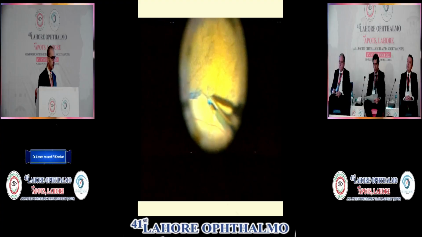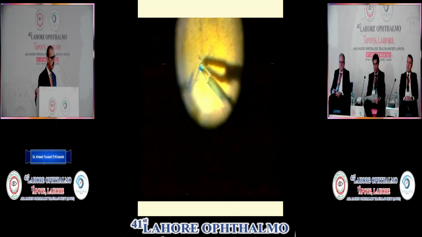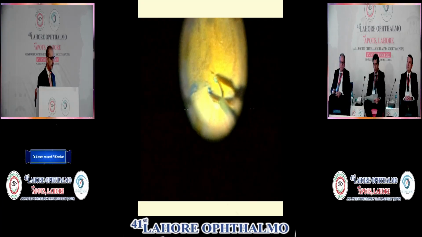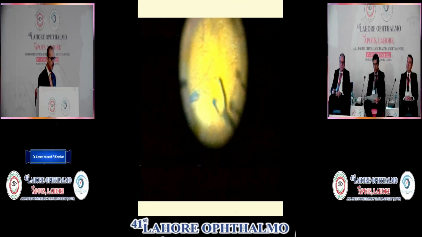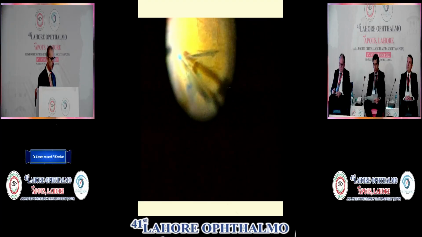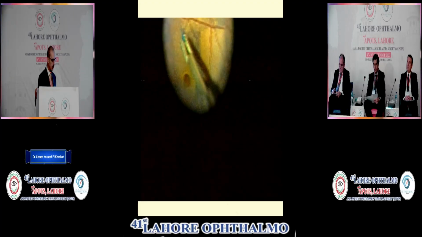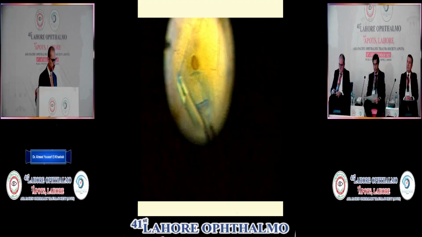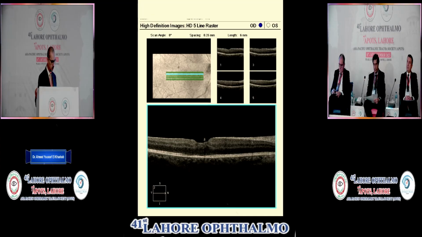Usually without air, you can stain. 30 seconds would be more than enough to have a very good stain and to peel only the ILM. Again, multiple inverted flaps, and this is the post-op image.